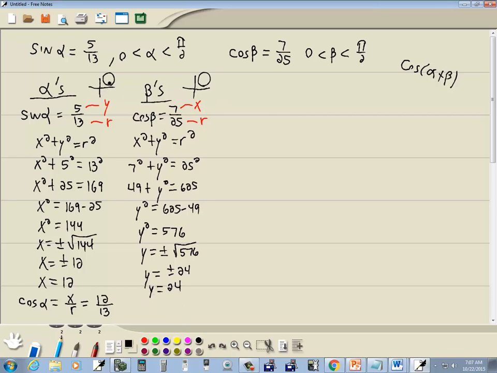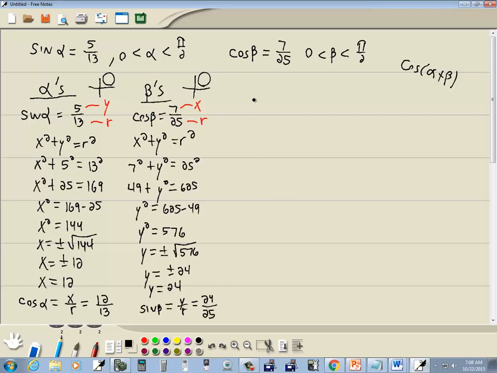Okay, now that we're waking up a little bit. Tangent is where you have to worry about that, not sine and cosine. Well, we're given cosine beta, so we need sine beta. Sine beta is going to equal y over r, which is 24 over 25.